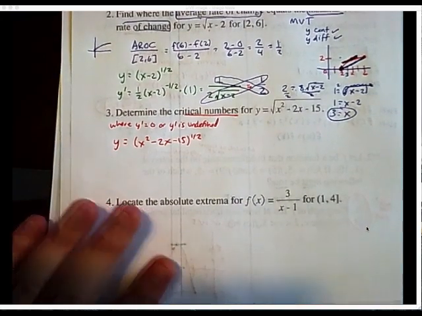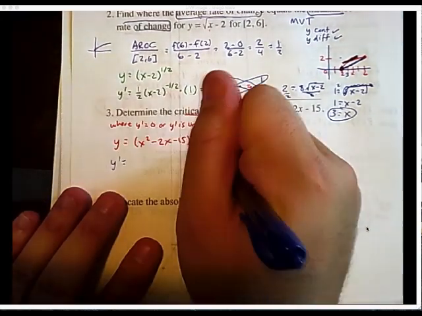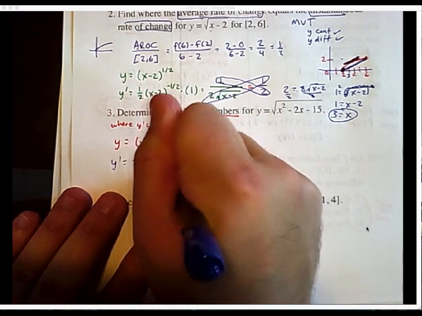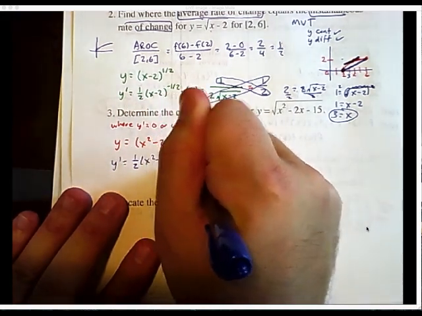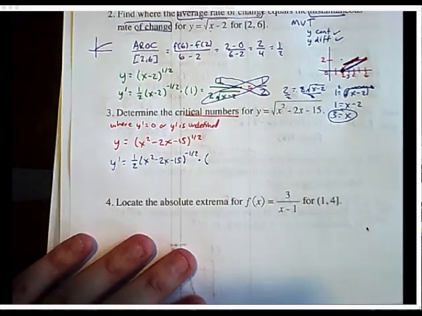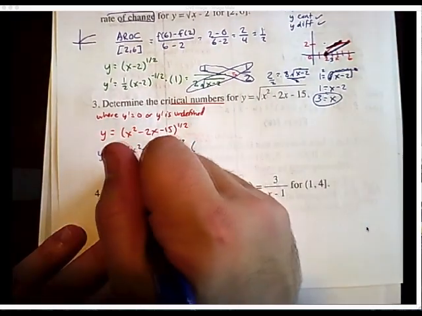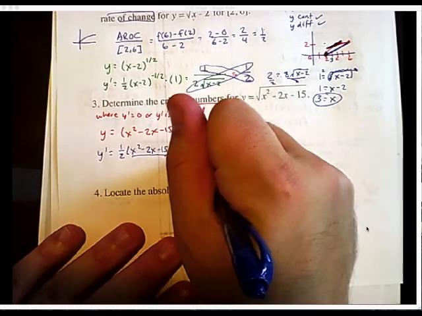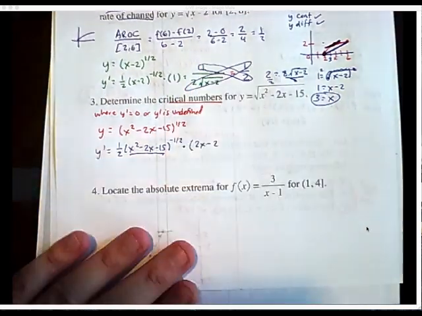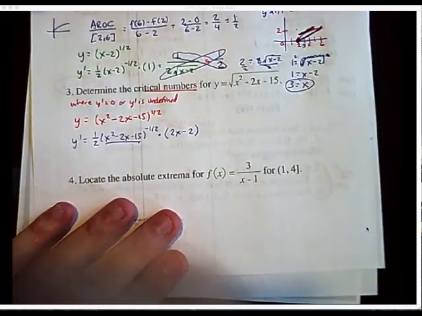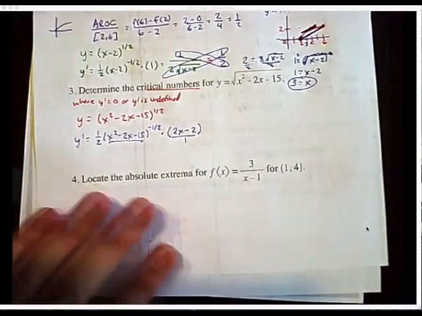So just like before, use the chain rule, bring the 1/2 down, keep the parenthesis the same, reduce the power by 1. Now multiply that times the derivative of the inside. The derivative of that thing would be 2x minus 2, which is really like 2x minus 2 over 1.